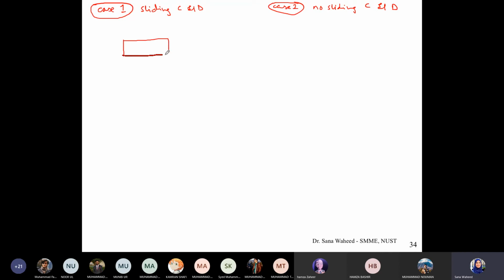If I consider sliding, then I'm just considering C on its own. On it there's a force of 100 newtons, and then let's think about what the other vertical forces acting on it are. There's the weight of this block, mg. Then there's the weight of D acting on top of it, mg.